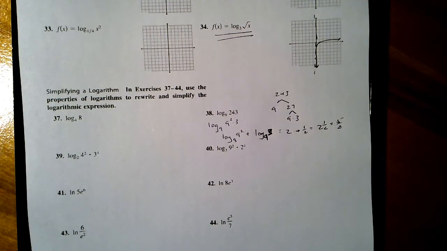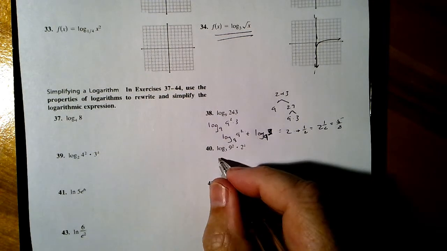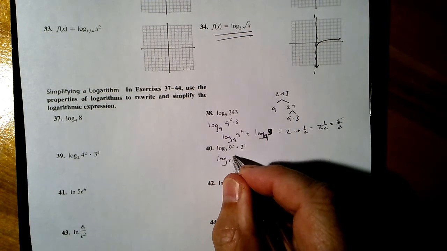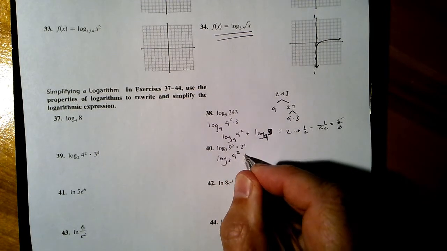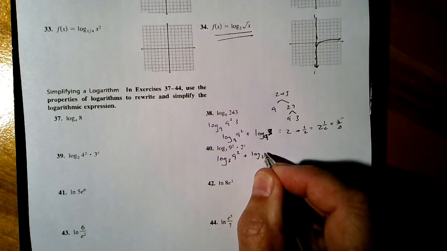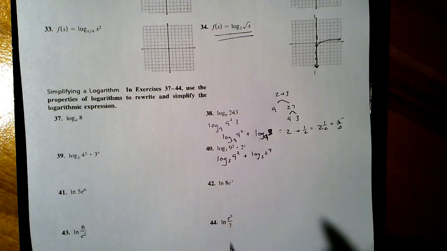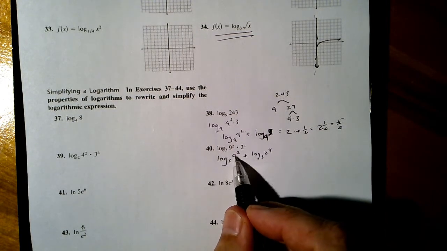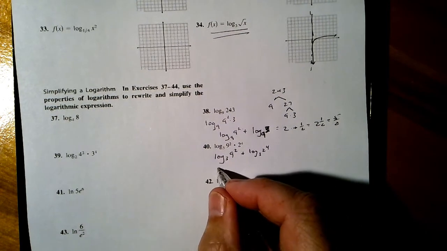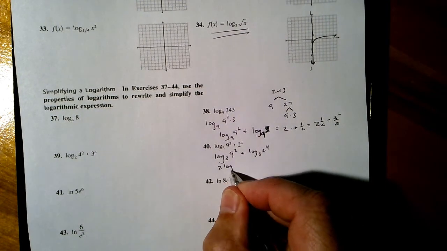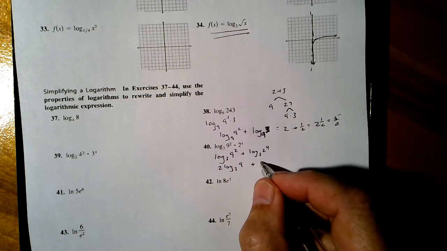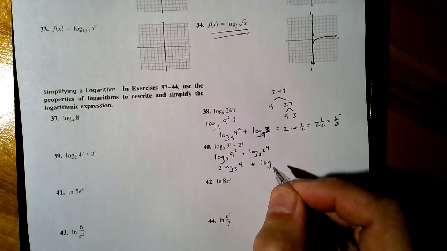Now they might not all work out that nicely. Property 1 lets me write this as log base 3 of 9 to the second plus log base 3 of 2 to the fourth. I'm going to pull that 2 out in front. You could make this 81, but I'm going to make this 2 times log base 3 of 9 plus, I don't see anything really good happening with this one.